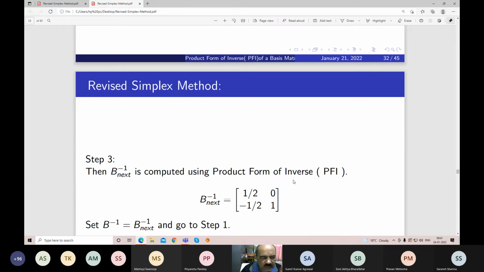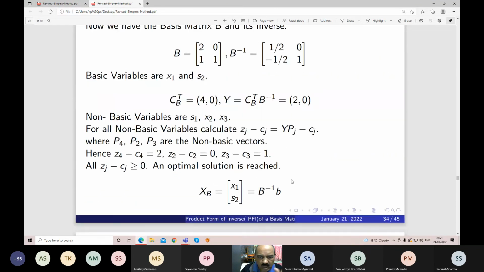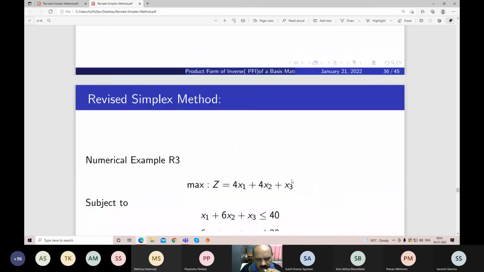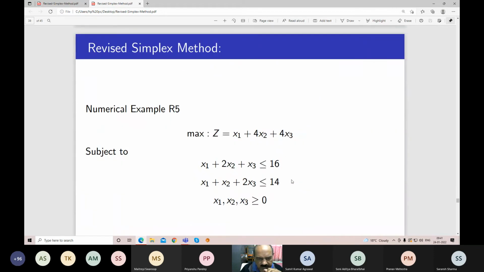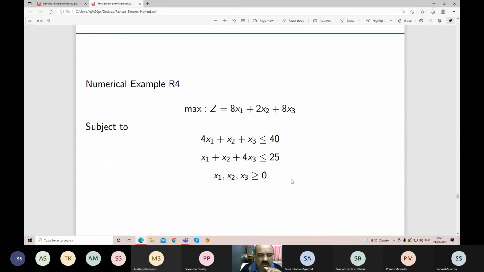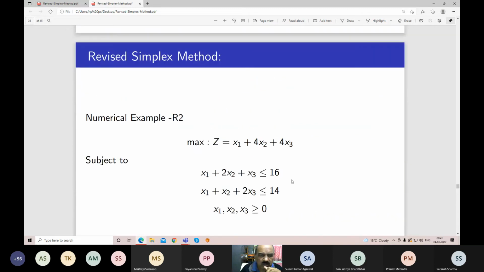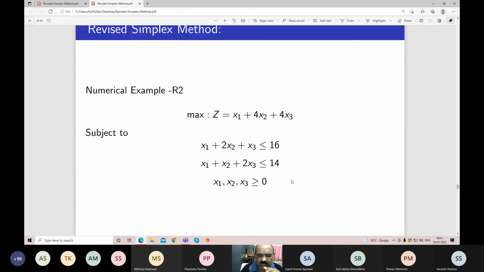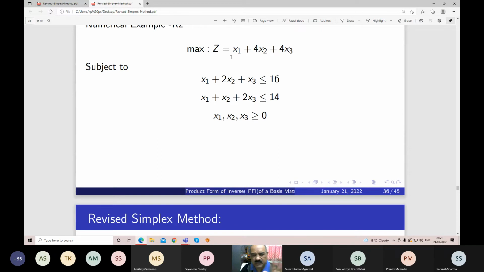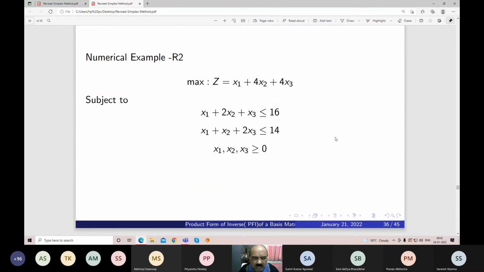So what I'm saying here is, using this revised simplex method rule, you can solve other problems. We have several problems here that I have arranged. This is one example, a similar problem, so you can solve it using the revised simplex method.